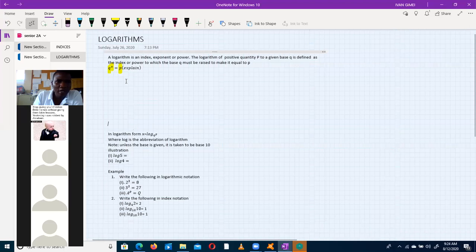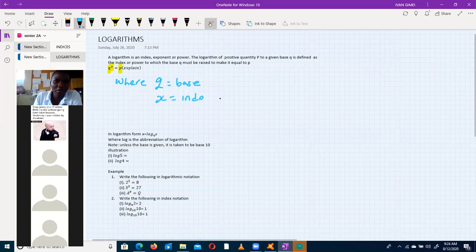So you can say where, I think you can now see this, where q is the base, here this q is the base. Then x is the index, and we've seen that. Sometimes it is called the power, we know that. And the other term we're introducing, it is also called the logarithm.